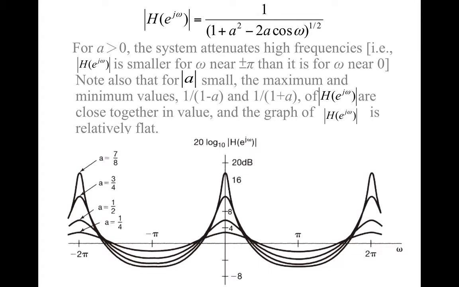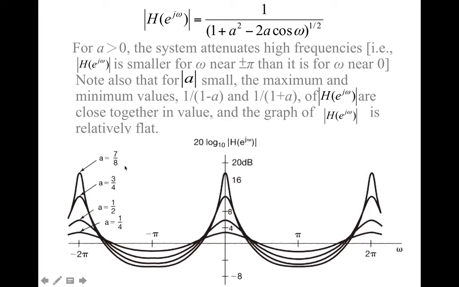If it's very close to 1, then the denominator will be small, and that means the magnitude will be large. Okay, and we can easily make the magnitude bigger than 0 dB, or bigger than 1 gain.